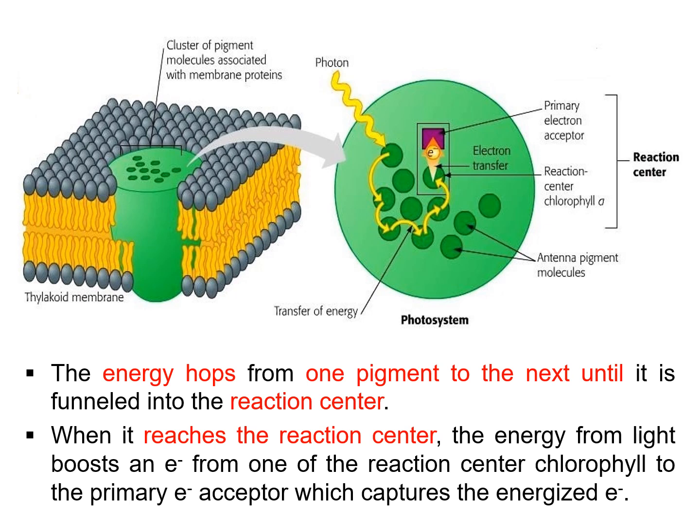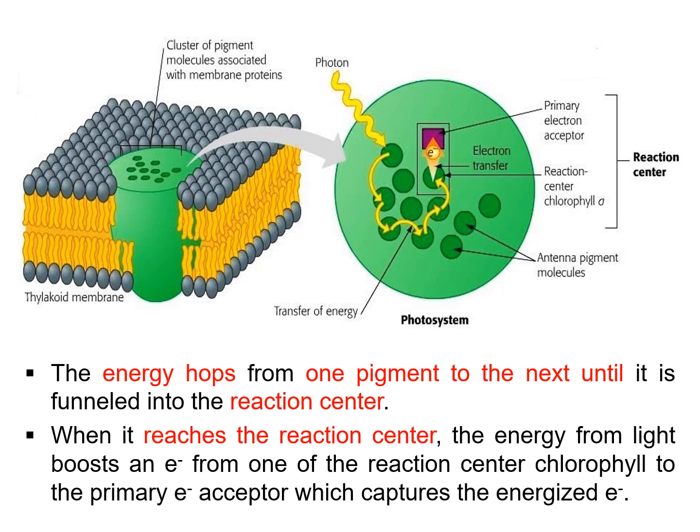The ejected electron from photosystem 2 will hop or jump from one pigment to another pigment until it reaches the reaction center.